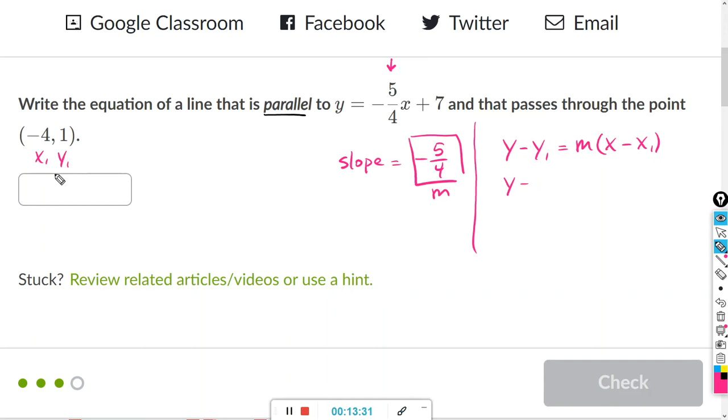So y minus y1, which is just 1, equals m, which is -5/4, times x minus x1, which is -4. Two negatives in a row is positive, but of course you don't have to type two positives when you enter the answer.